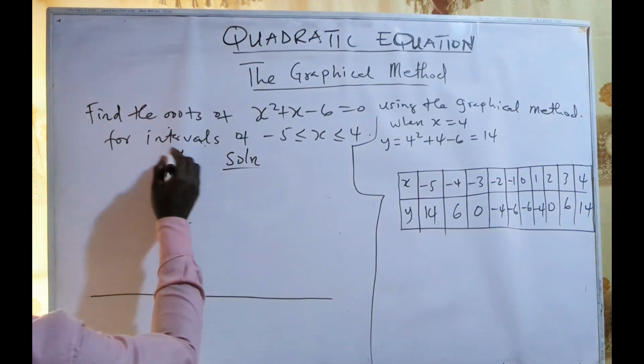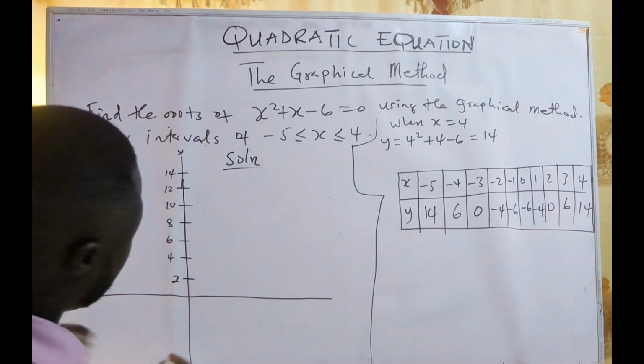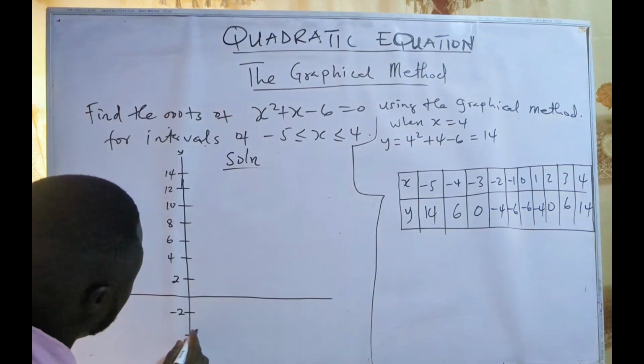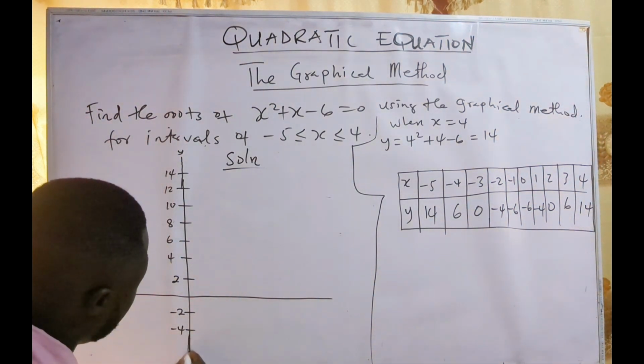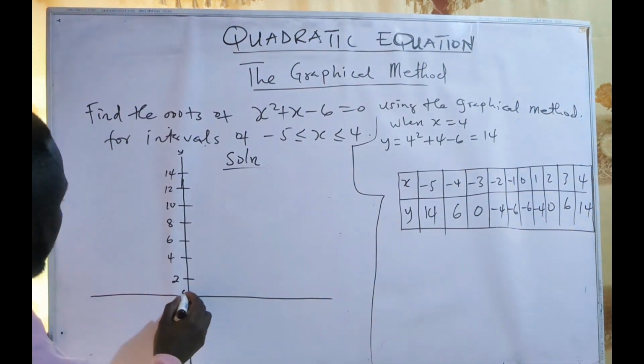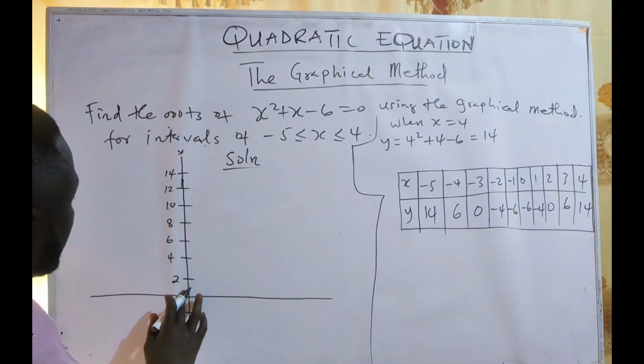That is what we have on our y-axis here. Then we have here negative 2, negative 4, negative 6. That's alright. And then on the x-axis too, let me use 2 centimeters to 1 unit.